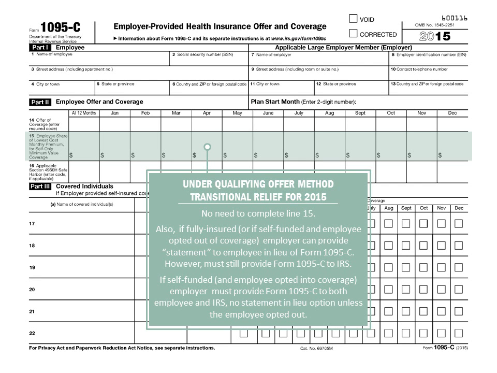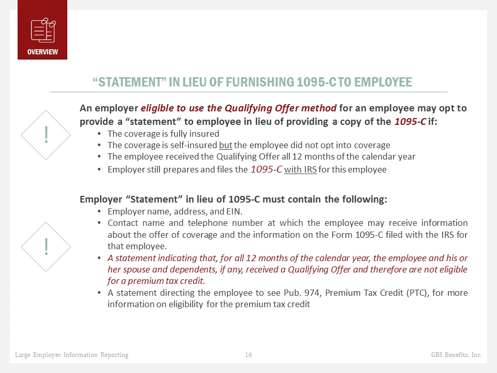So like I promised, this is what the 1095-C form looks like, and this is the line that's highlighted that is line 15 that you may be excused from completing if this particular individual for whom you're filling this form out has received a qualifying offer. Here is the statement in lieu of furnishing a 1095-C to the employee information.